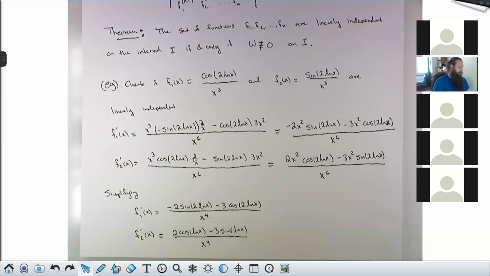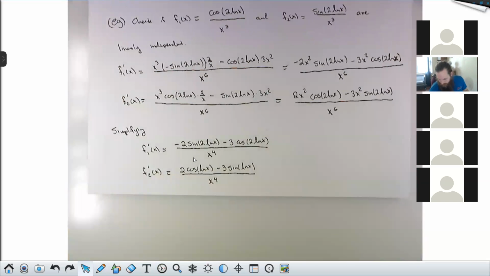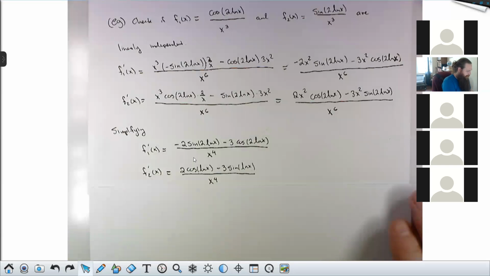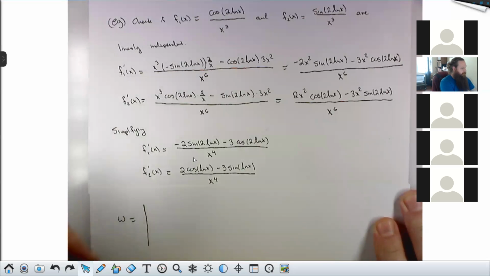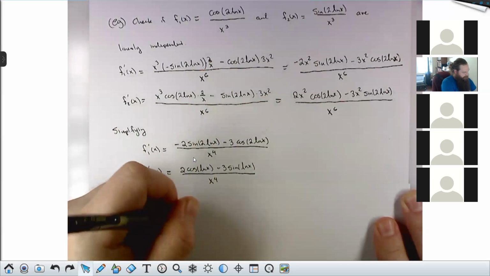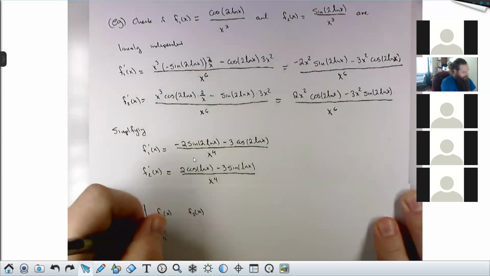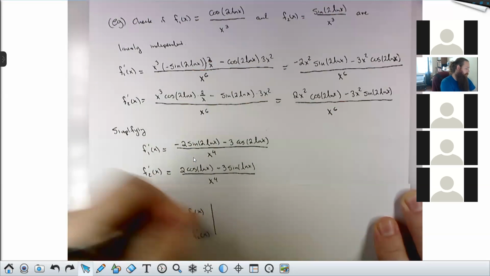So now I'll build my Wronskian. Why we don't just start with sine and cosine, I don't know. All right, so the Wronskian for this set of functions is the 2x2 determinant, where the first row is f1 and f2, and the second row is f1 prime of x and f2 prime of x.